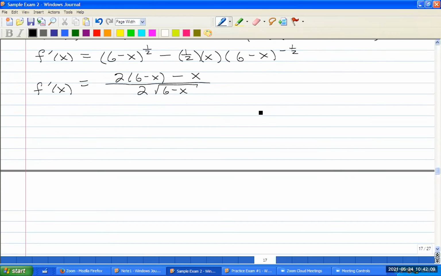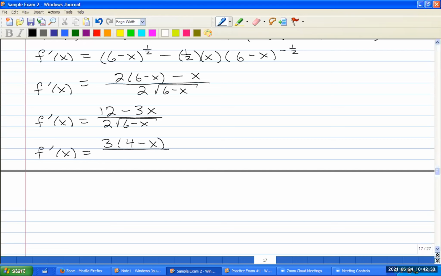So this is equal to 12 minus 2x minus another x is minus 3x over 2 radical 6 minus x. Factor out a 3: 3 times 4 minus x over 2 radical 6 minus x. Okay, good. So that's the first derivative simplified as much as possible.